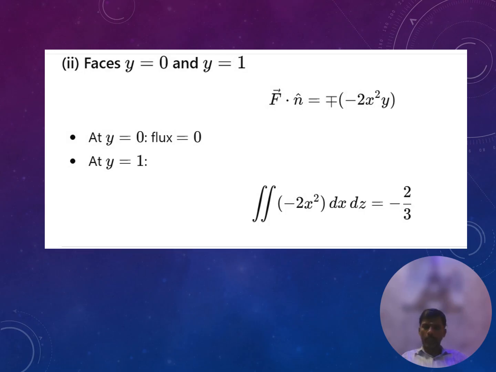The double integral of minus 2x square dx dz: integrating with respect to x gives minus 2x cubed by 3, upper limit minus lower limit, so minus 2 by 3. Again integrating with respect to z from 0 to 1, the value is minus 2 by 3.